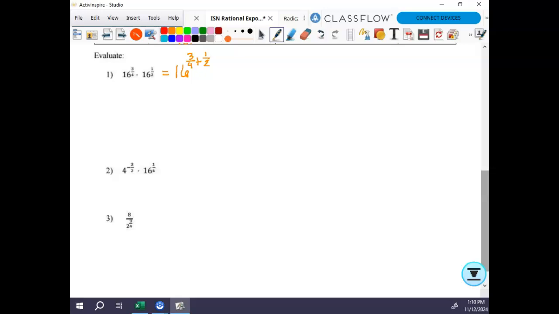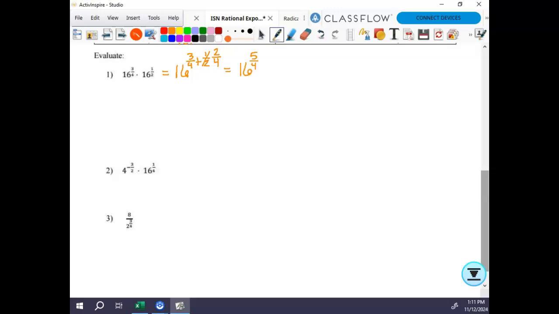Does that make sense? And then in order to add them, I have to have a common denominator, so I need to change this 1/2 to 2/4. So that gives me 16 to the 5/4 power. Now, 16 is not the smallest base I can have.